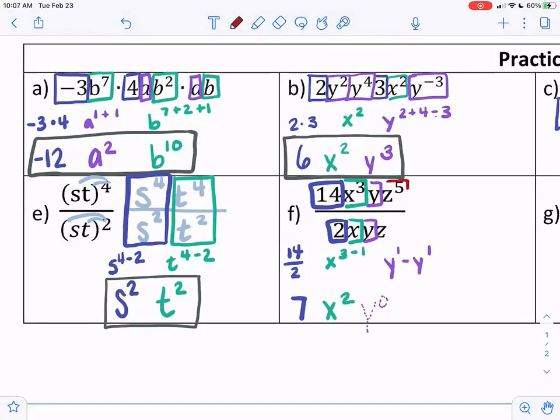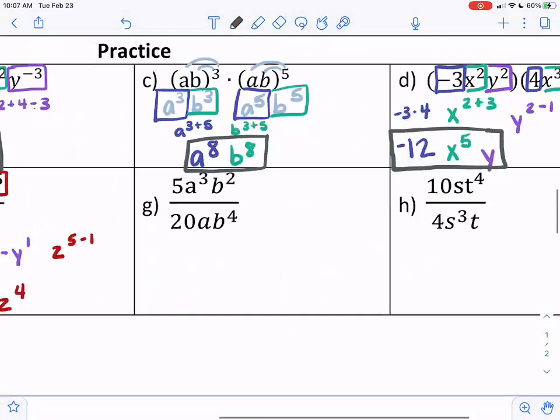And then our last thing would be that z to the fifth and z to the first. So z to the fifth minus the first, which would give me z to the fourth. So my final solution, when I rewrite it, would be 7x squared z to the fourth. We would not write that y in the problem.